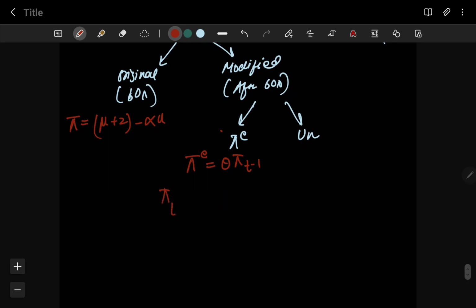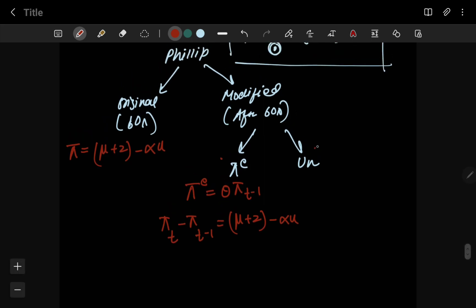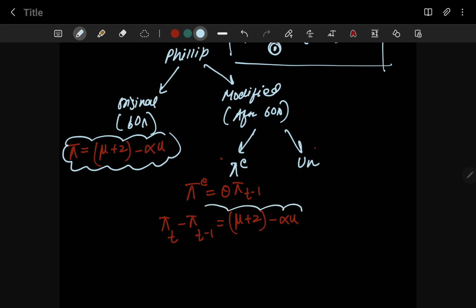So what happened? Pi t minus pi t minus 1 is equal to z minus u, right? And in the second modification, where natural rate of unemployment was introduced, just a second, you can take a screenshot of these.